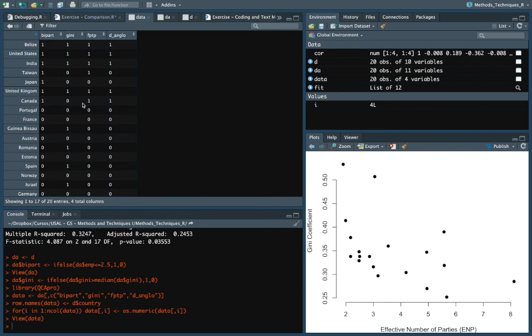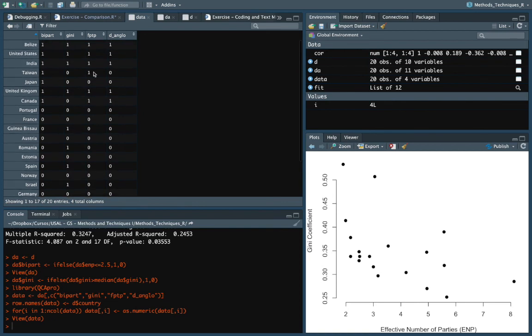What happens with the first past the post? We see that all countries with first past the post are bipartisan, because you don't have any first past the post that are not bipartisan. The same happens with Anglo-Saxon countries.